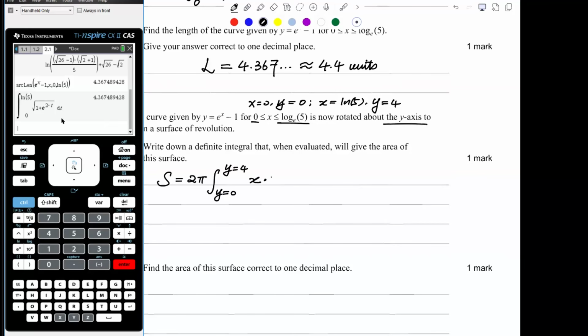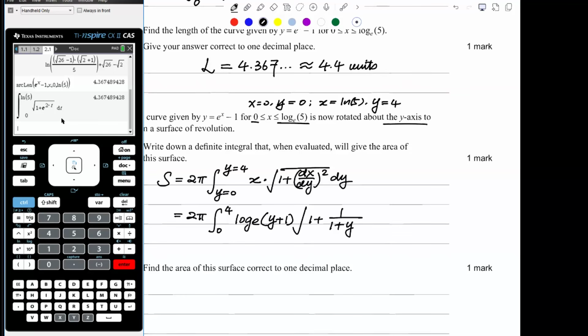We have x times square root of 1 plus dx/dy, whole thing squared, dy, and 2 pi from 0 to 4. What's my x? It's just natural log of y plus 1, square root of 1 plus 1 over 1 plus y, because dy/dx is y plus 1.